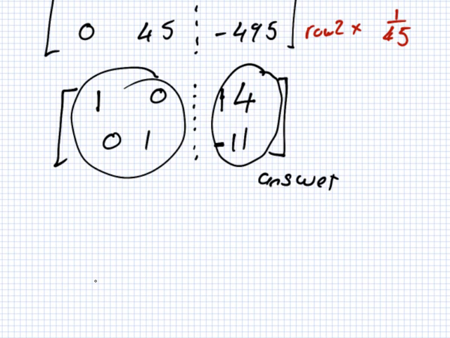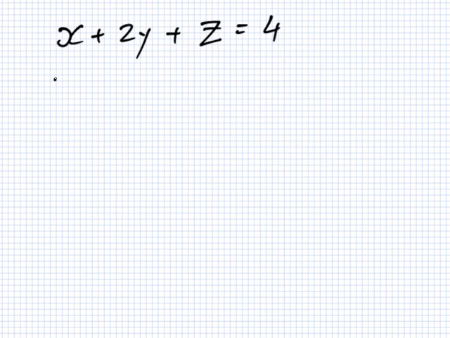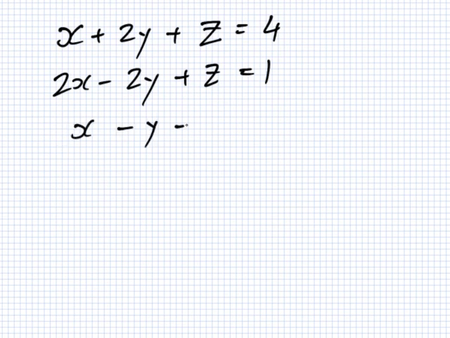Can I scroll down? Yeah. Okay, so we'll say x plus 2y plus z equals 4. 2x minus 2y plus z equals 1. And we'll say x minus y minus z equals minus 1.